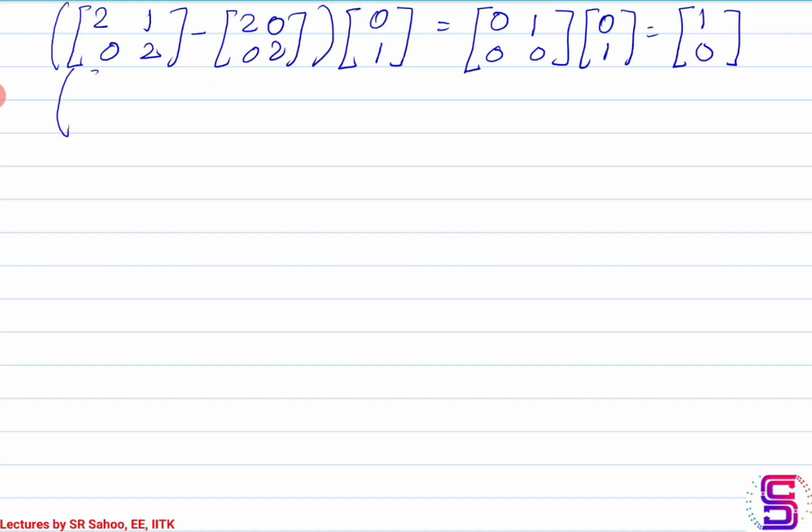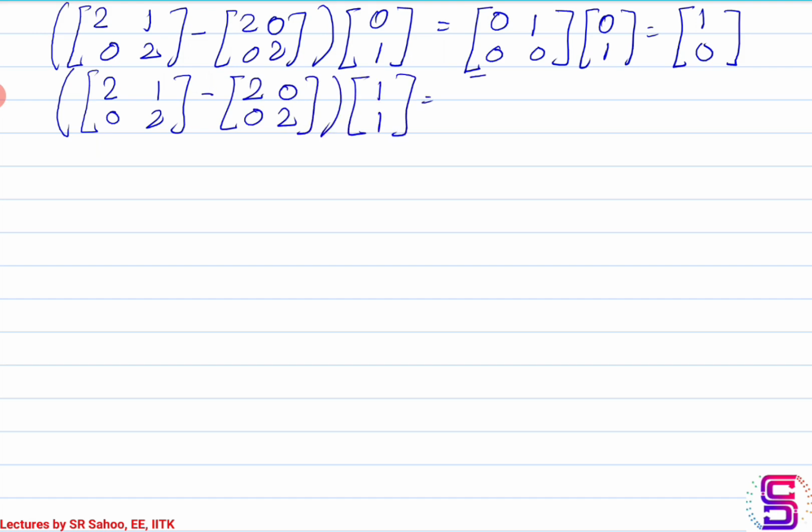Similarly, if I consider this 1, 1 as the generalized eigenvector, then I again end up with the same ordinary eigenvector, which is 1, 0. So if you notice, irrespective of what the value of A is, I get back my ordinary eigenvector.